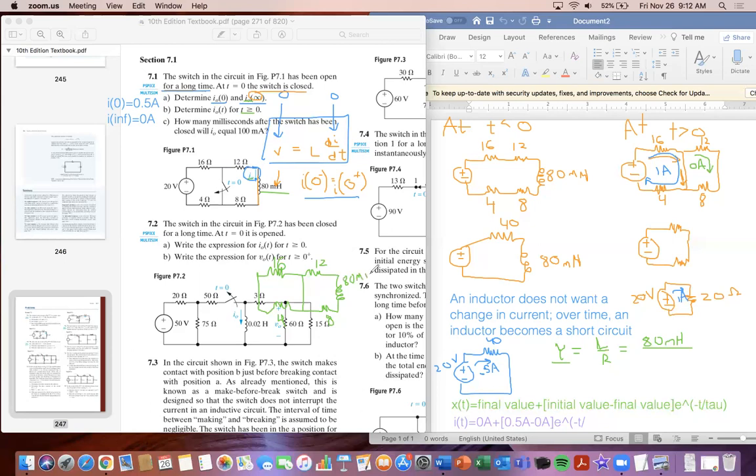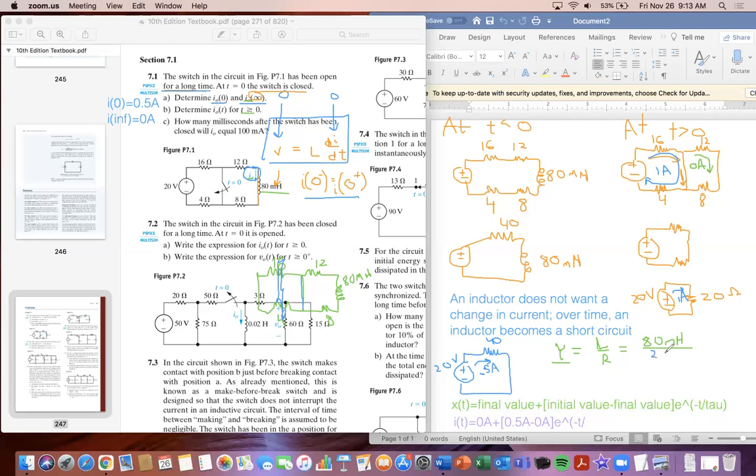If we notice there's a short, so if you do this combination here, it's 20, and right here it's 0. Doing the parallel combination, that becomes 0 here. So the inductor isn't going to see any of these, because there is 0 resistance through this path right here. So 12 plus 8, the inductor sees 20 ohms.